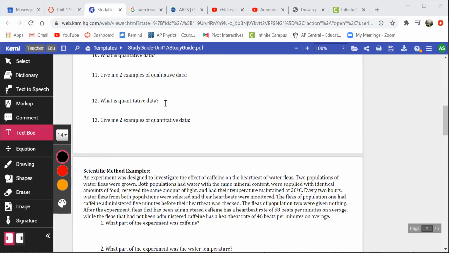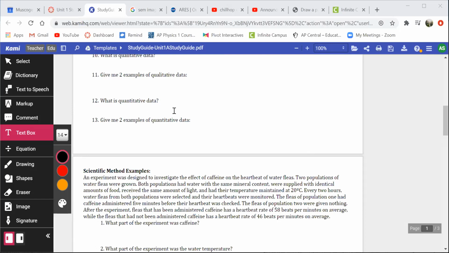All right. So what about quantitative data? It's results that can be measured and described by numbers. So quanta, quantitate, or quantify, these are all words that mean numbers. So quantitative data is data that actually requires numbers to describe it. So this is something that you're actively going to measure.